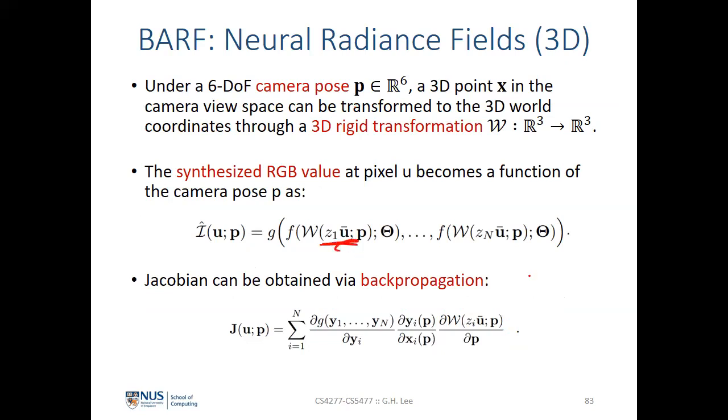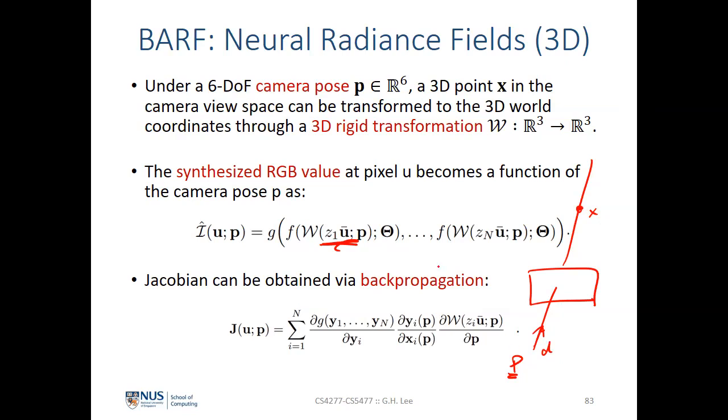What this simply means is that you have NeRF, right? What you are doing is that you need to know the direction, and you need to know this point, X. So this d and X are actually dependent on the camera pose. So now you can express this X as a function of P. And if you don't know that, you can optimize it together inside there.